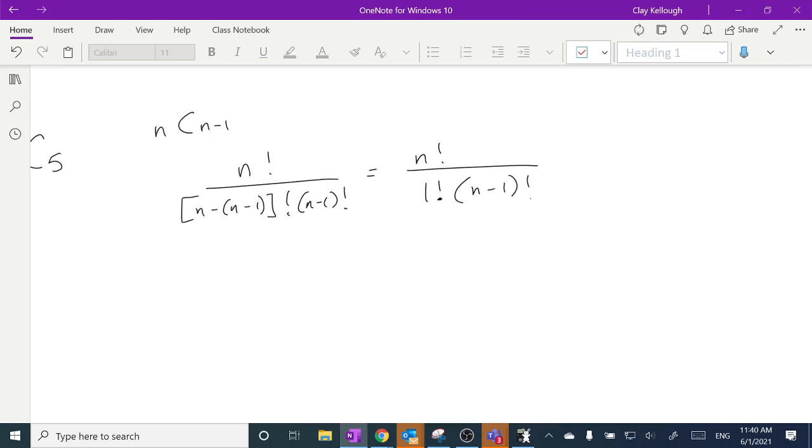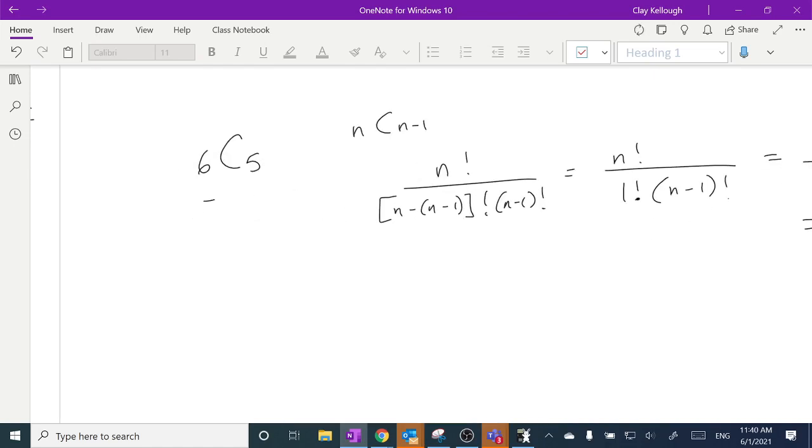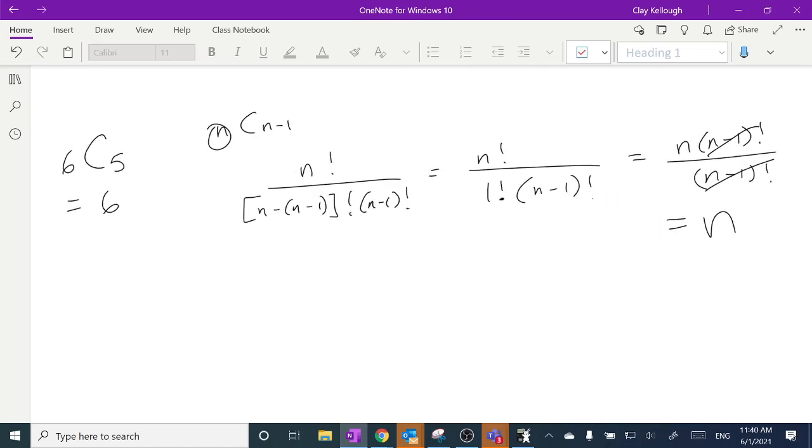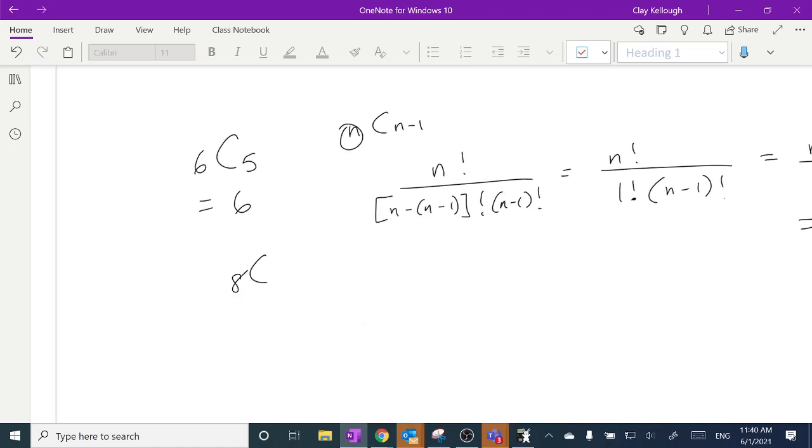Well, 1 factorial is just 1, so ignore that, and n factorial expands to this. So there you go. How did I know 6 choose 5 was just 6? Well, because n choose any number that's just 1 less than n has to be n itself. We just proved it.